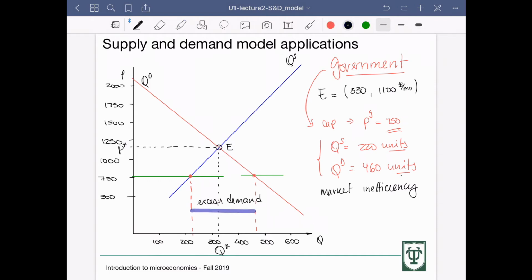Of course, since suppliers decide they can only supply 220 units, the new market will act here. Let's call it point A. And at point A, rent will be $750 per month, but we have only 220 units rented.